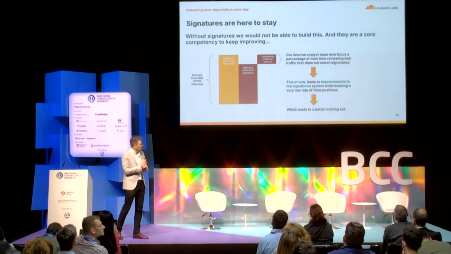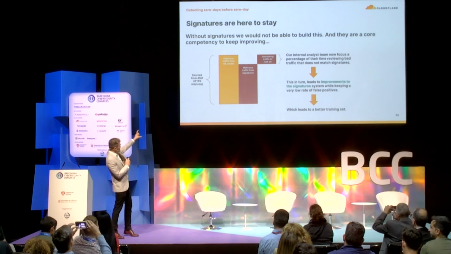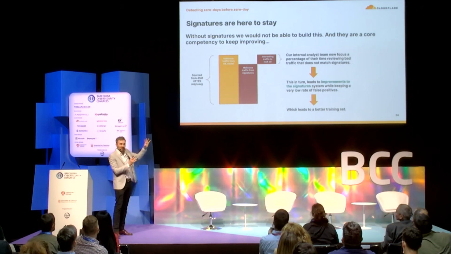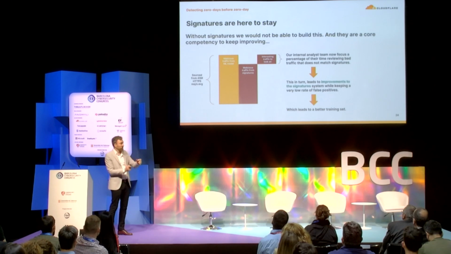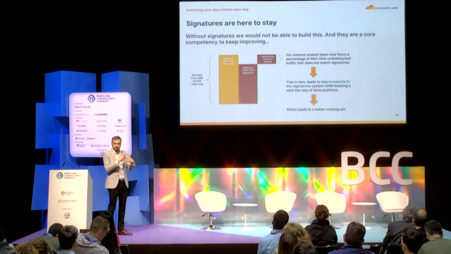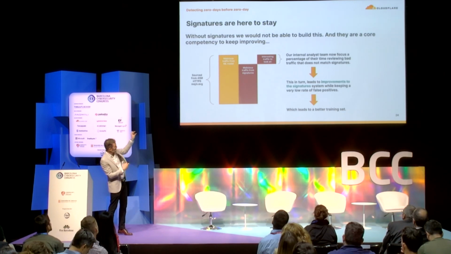So to answer that question, I think it's great to look at the data. So here you see 3 bars. The first one on the left represents all the traffic that the machine learning model has identified as malicious. The one on the right, you see what the signatures, our rule-based system, has identified as malicious. And then there is a difference.